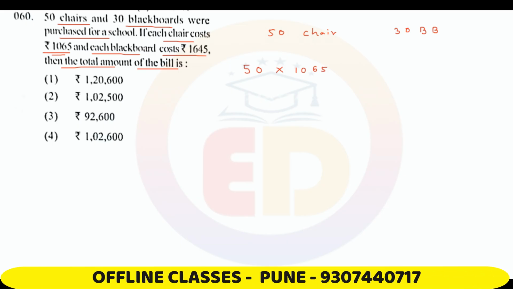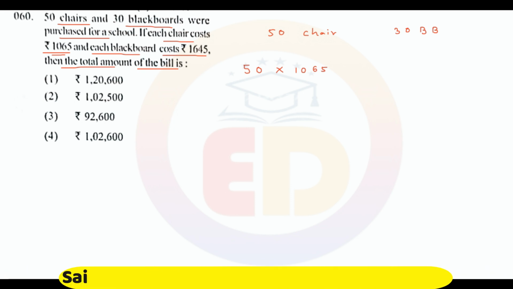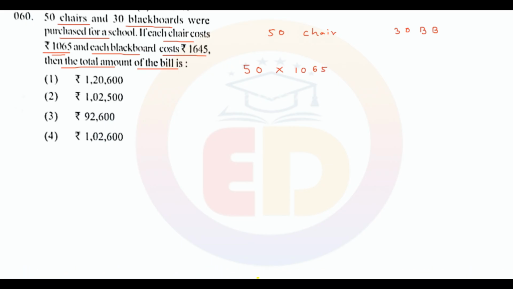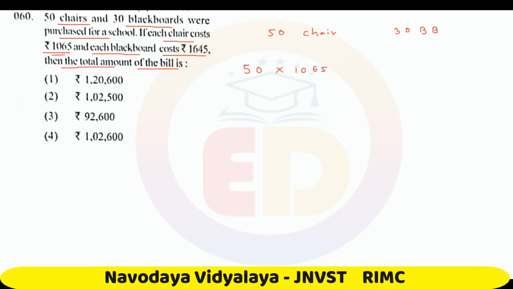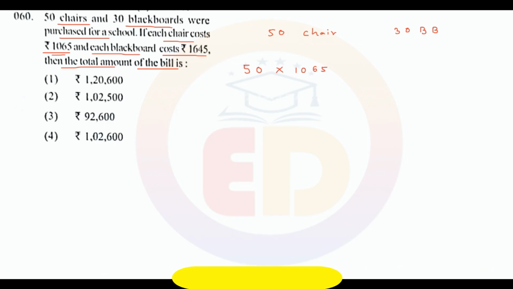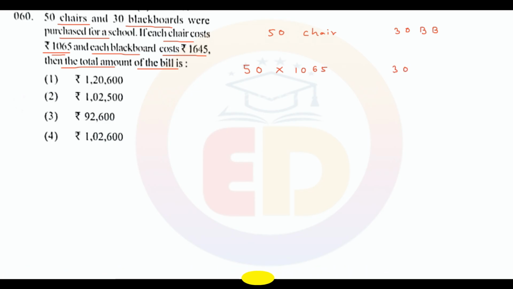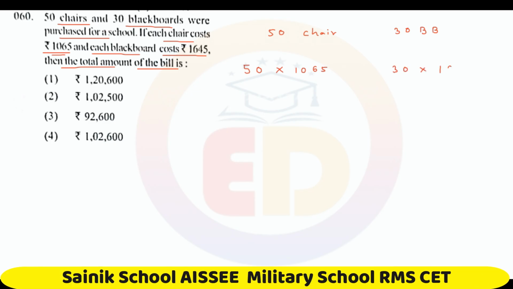And 30 blackboards. If one blackboard is costing rupees 1645, then 30 blackboards will be 30 multiplied by 1645.